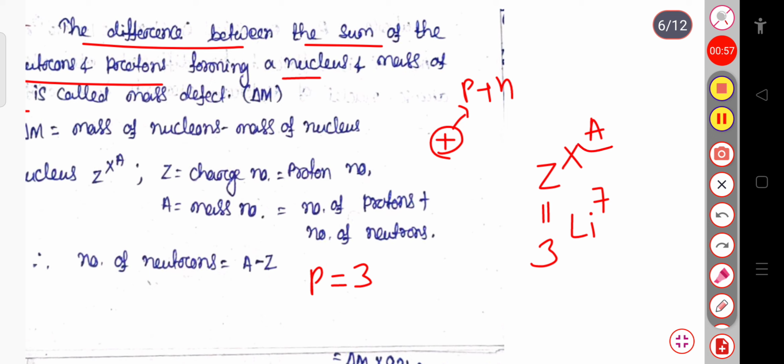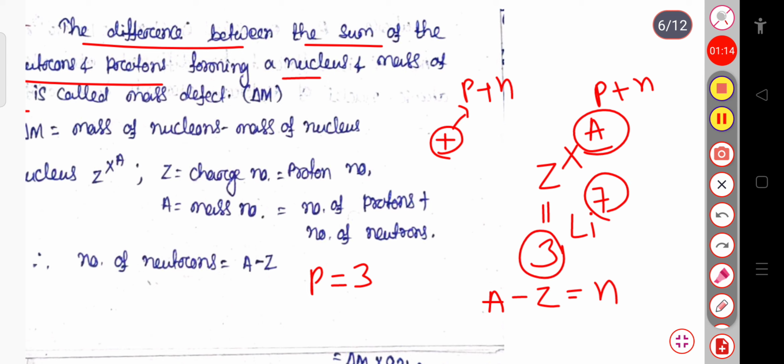This A represents the proton number as well as the neutron number. So if I subtract Z from A, then A minus Z will give you the neutron number. The A value here is 7 and the Z value is 3. So 7 minus 3 will be equal to 4. This 4 is nothing but your neutron number.